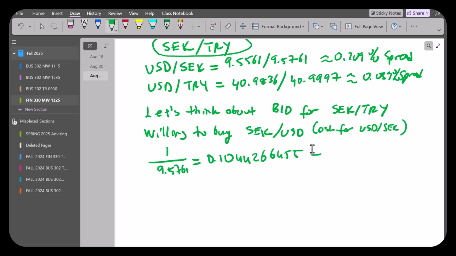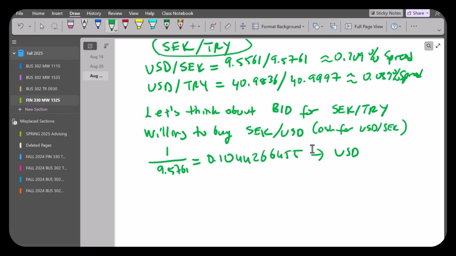So that many US dollars. Now, if I'm buying Swedish kroner, that means I am selling Turkish liras, right? But I'm willing to pay 0.1044266455 for 1 Swedish kroner, right? This is USD. But I want to convert that to Turkish lira.